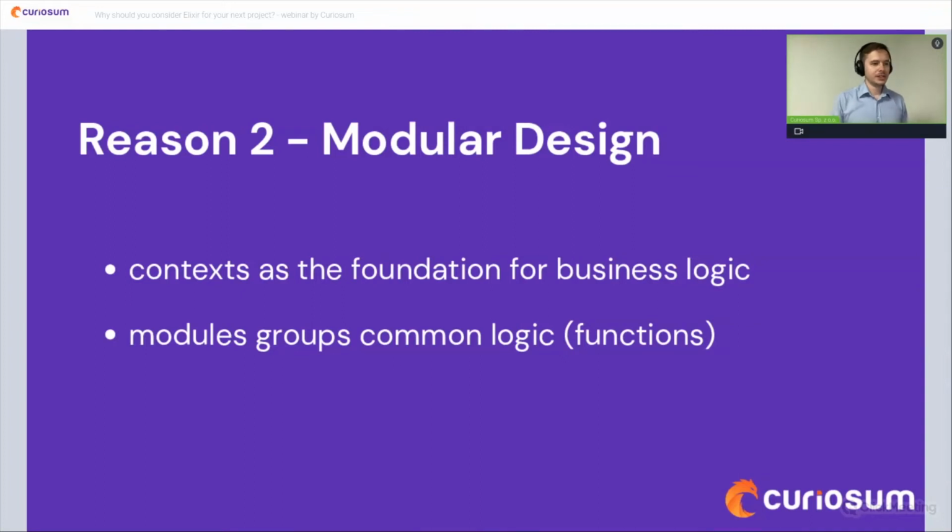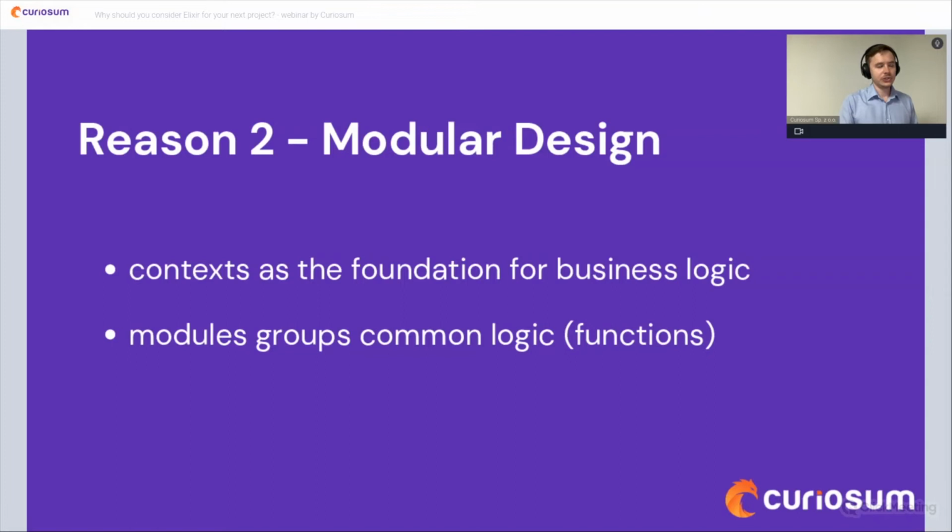So the contexts are actually modules where we have different modules within the application, like authentication, like if we are talking about the shop, for instance, we can have the shop module. We can also have a blog module where we write about these products. So there are different modules within the app, and contexts are responsible to define each of these. So we have this modular design here.